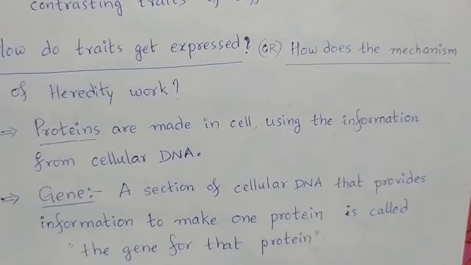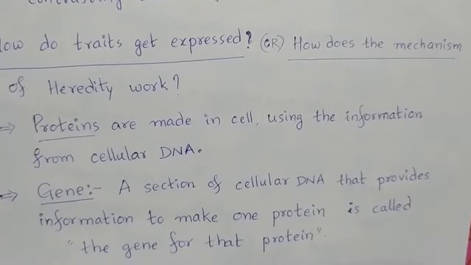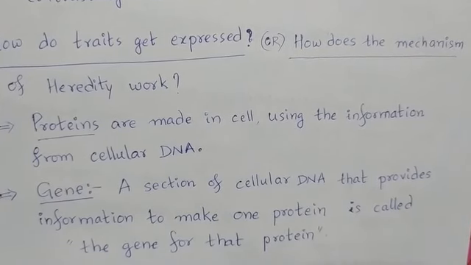A gene is one section of this cellular DNA that provides the information to make one protein. Then it is called the gene for that protein. What is a gene? A section of cellular DNA that provides the information to make one protein.